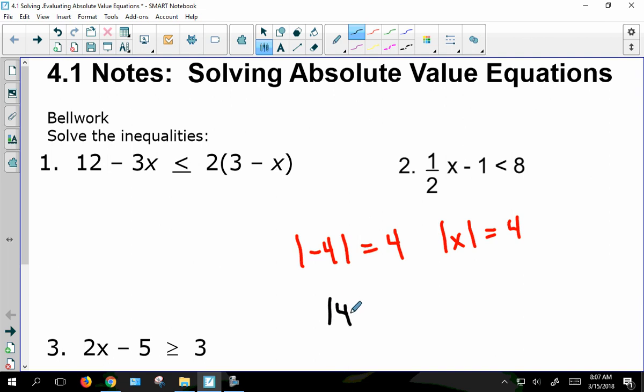What's the absolute value of 4 equal? 4, yes, it's 4. And the absolute value of negative 4 is also 4, isn't it? So right in here, x could be 4, because that equals 4, and x could be negative 4, because that is 4. Don't write this. We'll get there.